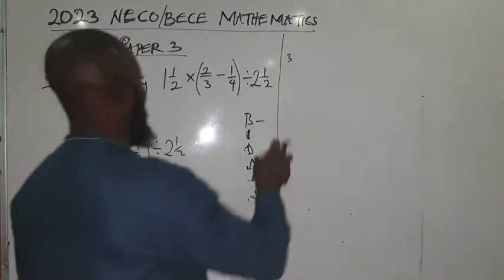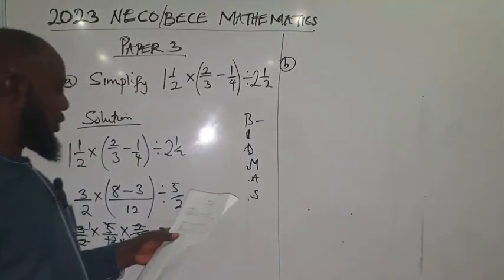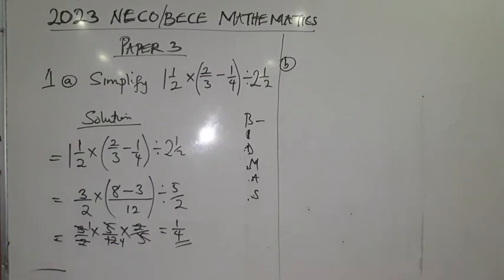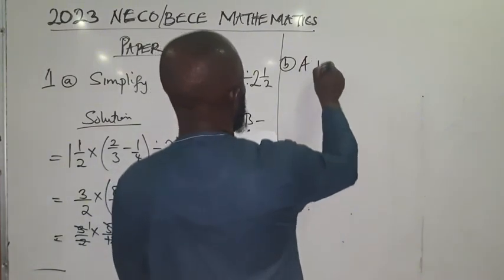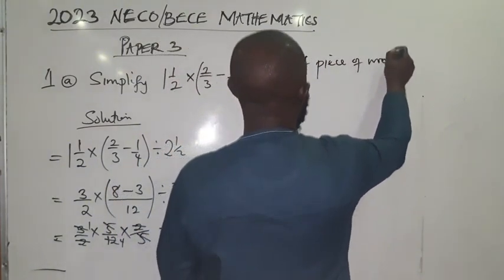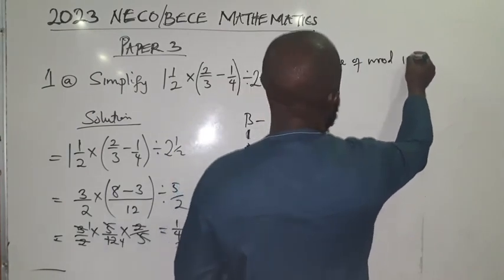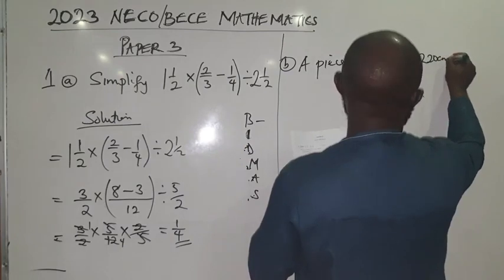Then we move to question 1b. In question 1b, we have: a piece of wood is 220 centimeters long.